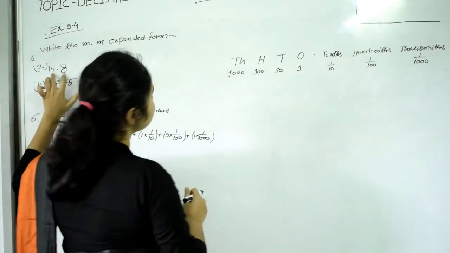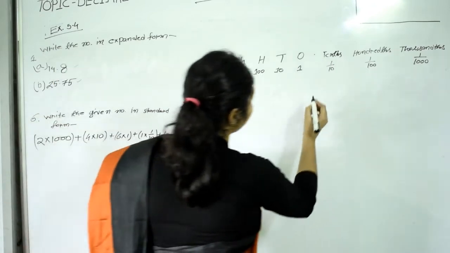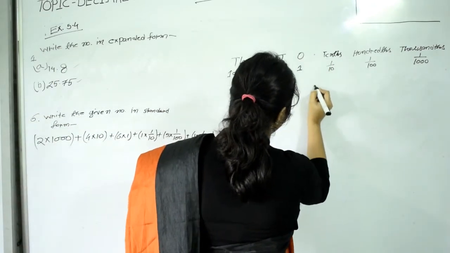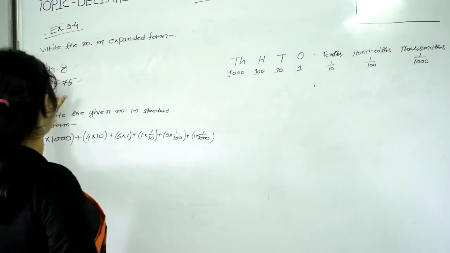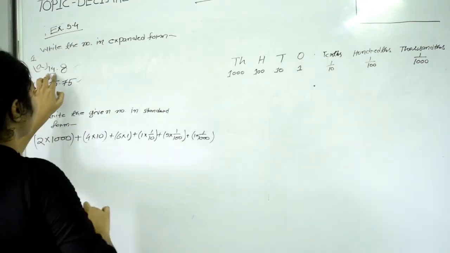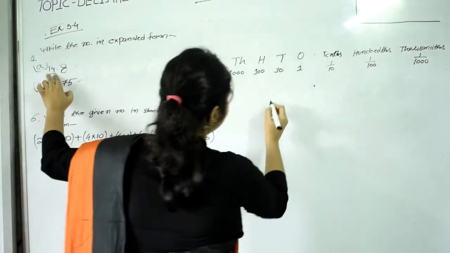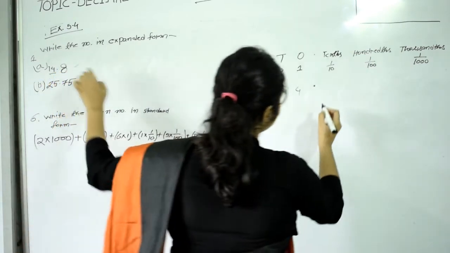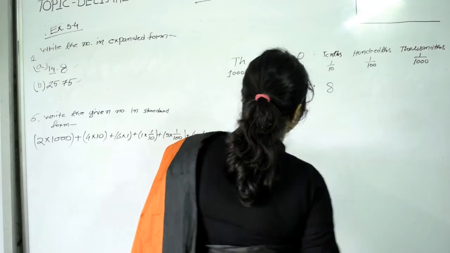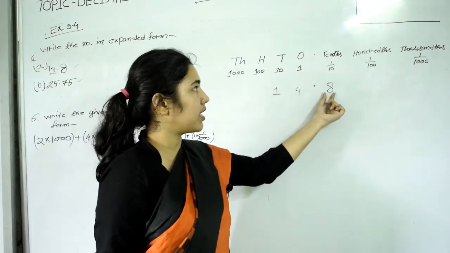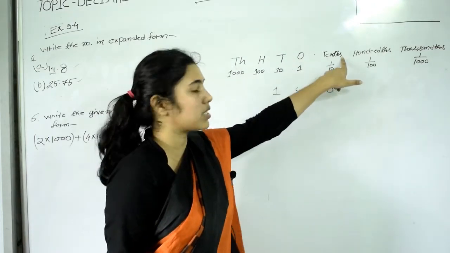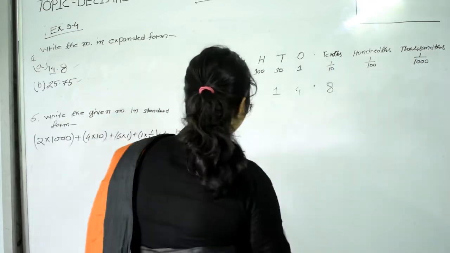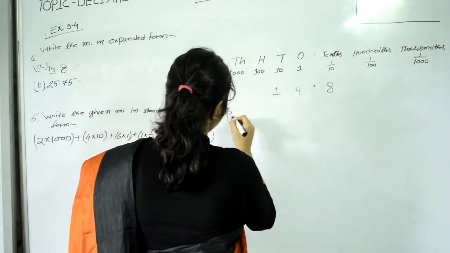First 14.8. So first put this point. Here in the whole number part we have 14, right? Which means 1 tens, 4 ones and 8 after the decimal point, which means the first place after the decimal point, which is the 10th place. Now expand this number. First place value form.